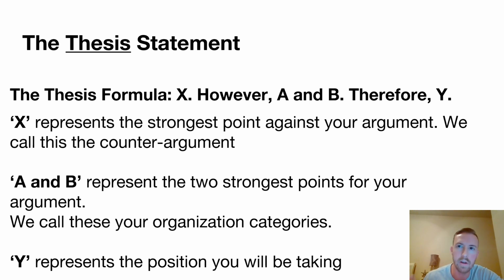Let's say I'm going to argue that the American Revolution forever changed the projection of America. My X statement might say, look, some things remain the same. There was still slavery in America after the American Revolution. There was still a hierarchy. Women were still not involved in the political system.